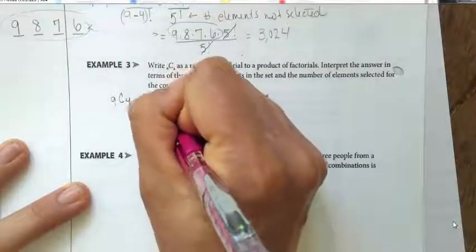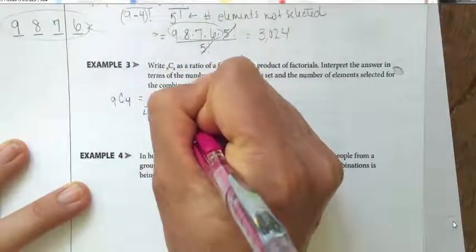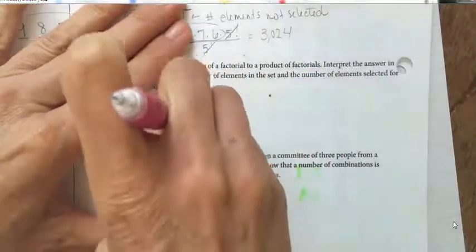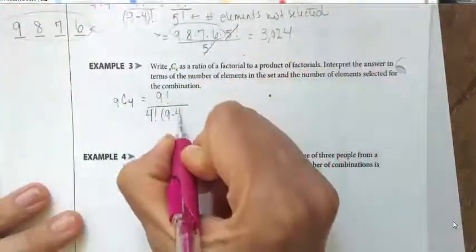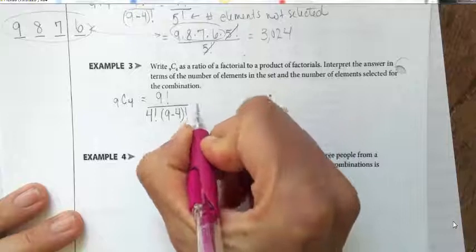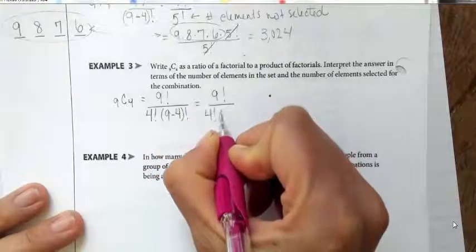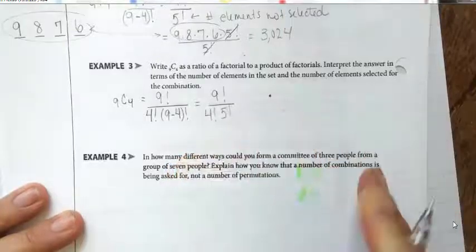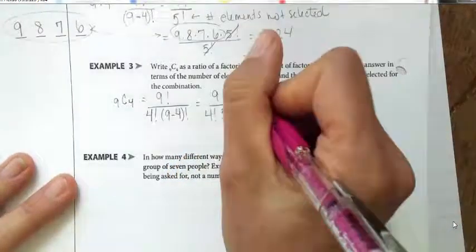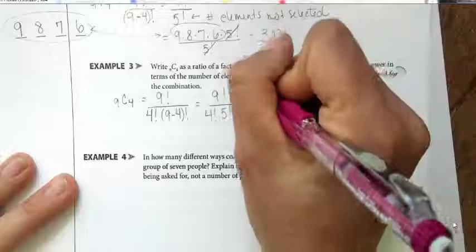So that's 9 minus 4, which is 5. So now I've got 9 factorial on the top, 4 factorial times 5 factorial on the bottom. Okay, so this right here is the number of elements in the set.